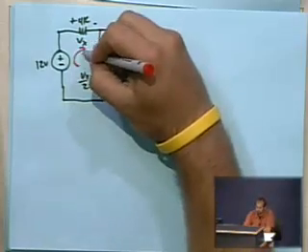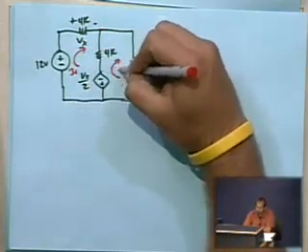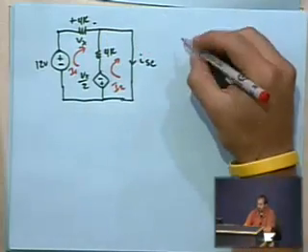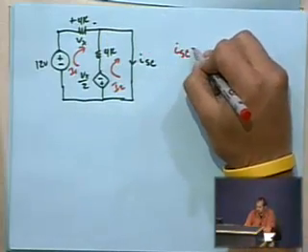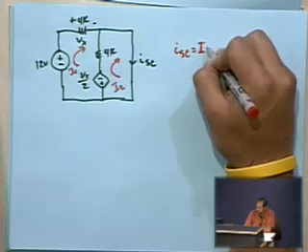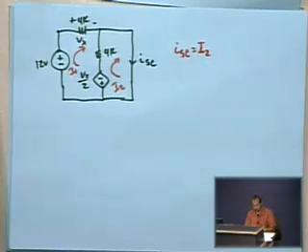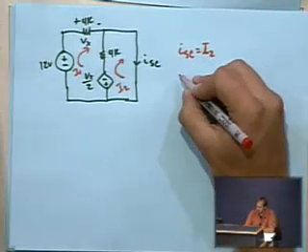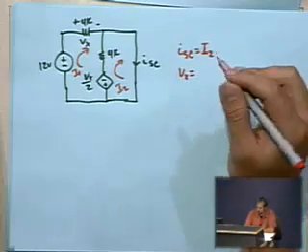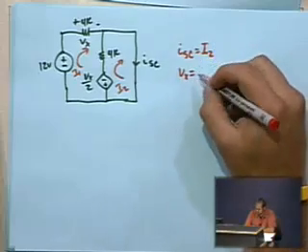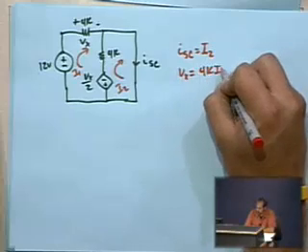We just define the currents I1 and I2, and the short circuit current we're solving for is equal to I2. Our controlling equation is that Vx equals 4K times I1.